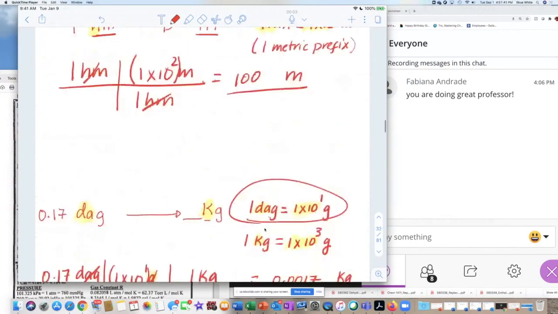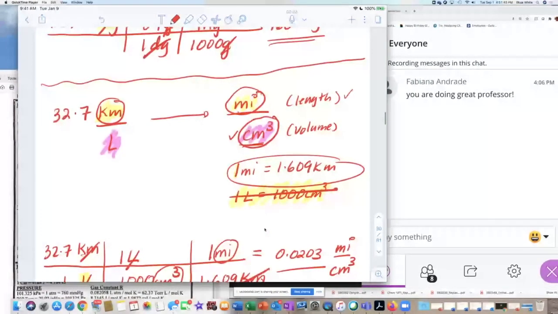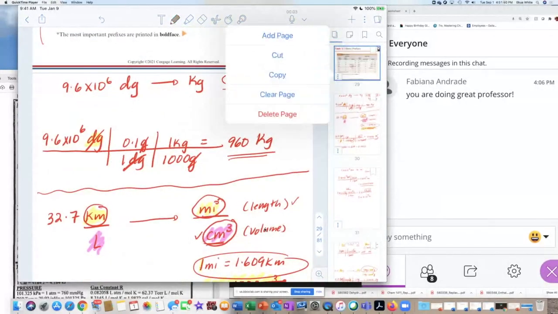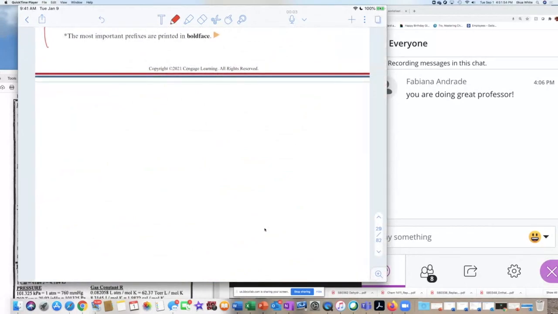Not really, I'm just transferring the question over. Oh, it does matter because I want you guys to see the metric prefix. Let me add the page right under here because I'm trying to show you guys the metric prefix. So here, we're going from 6.5 meters squared to centimeters squared.